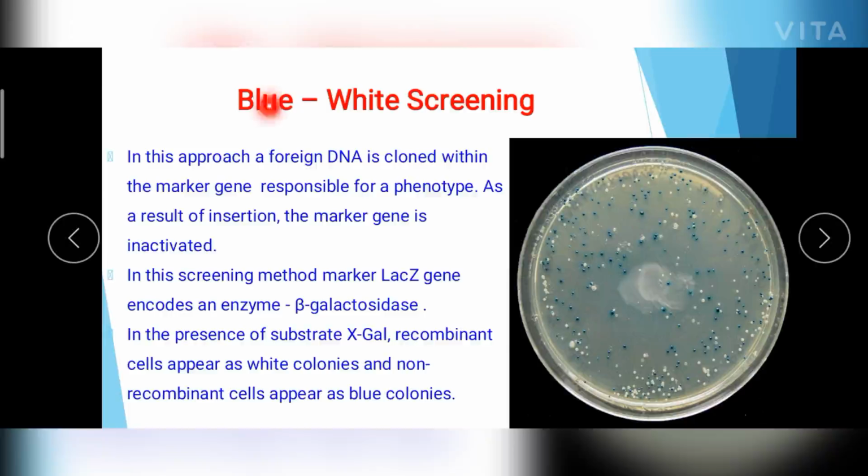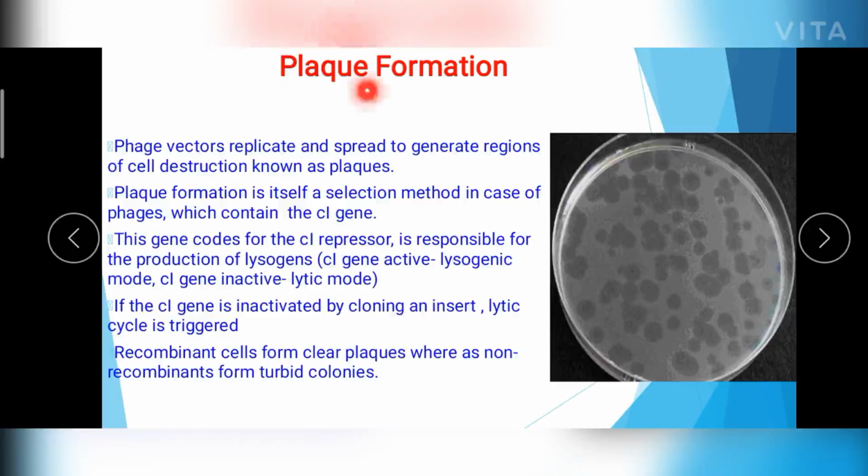The second method is blue-white screening. Here the recombinant and the non-recombinant cells appear in two colors. The white colonies represent the recombinant cells, and the blue colonies represent the non-transformed cells. So just by this visual appearance, you can screen the transformed cells. The third method is plaque formation. The recombinant cells have the ability to form plaques, that is the clear zones where the cells are growing.